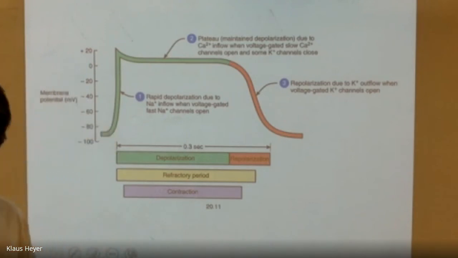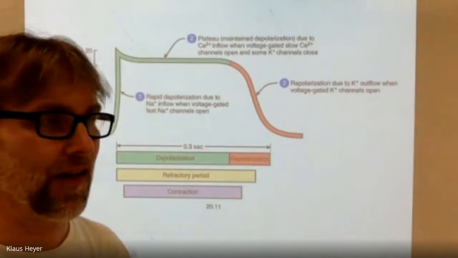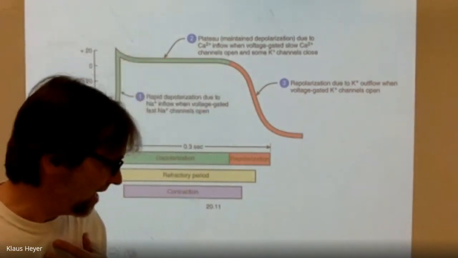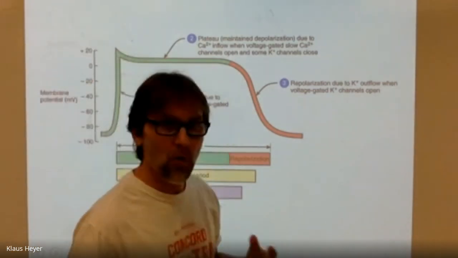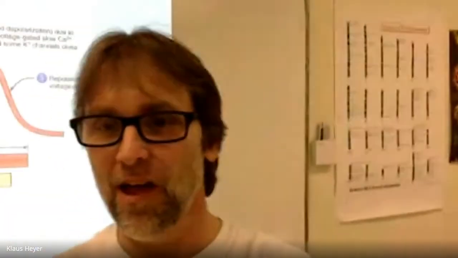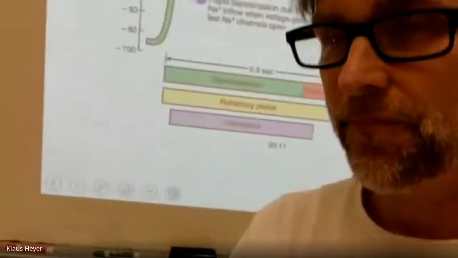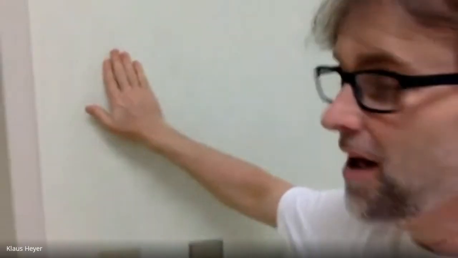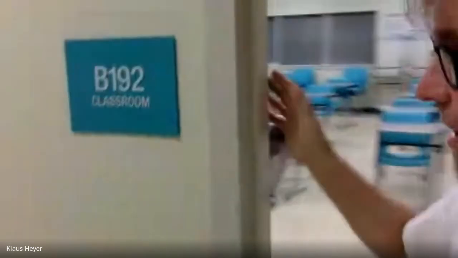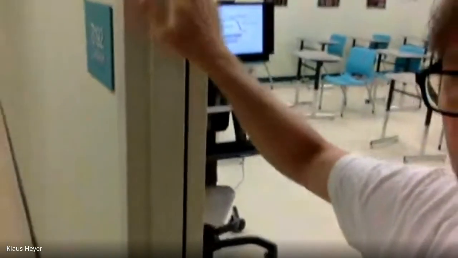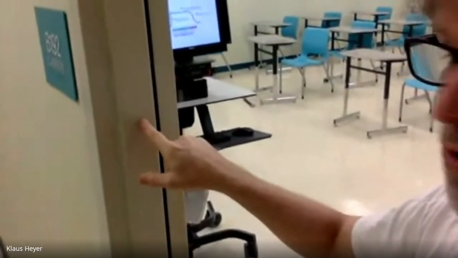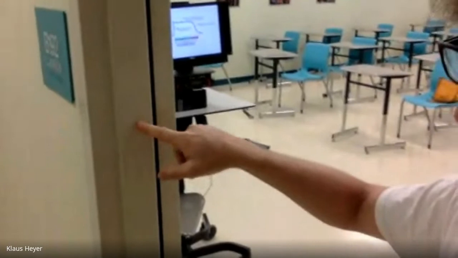So if you look at a cell membrane, I always imagine a cell membrane like a wall, right? So I got sheetrock here, and then when you come out on the other side, I've got sheetrock here. So I got 2 layers of sheetrock, right? And then inside in the middle, there's either wood, like your house, or it's metal, right?